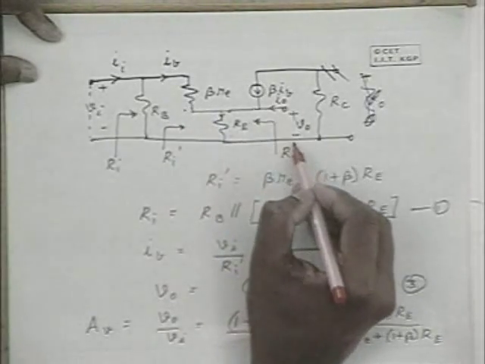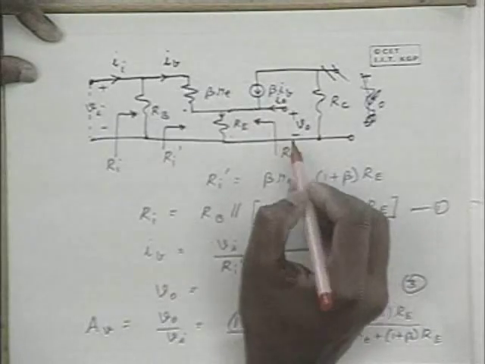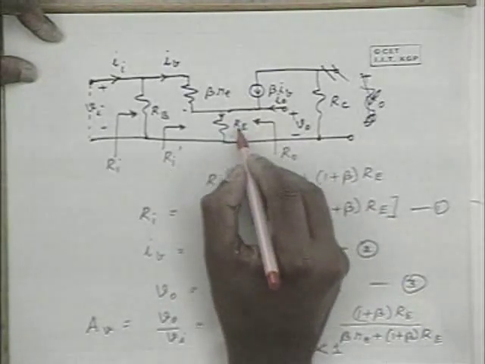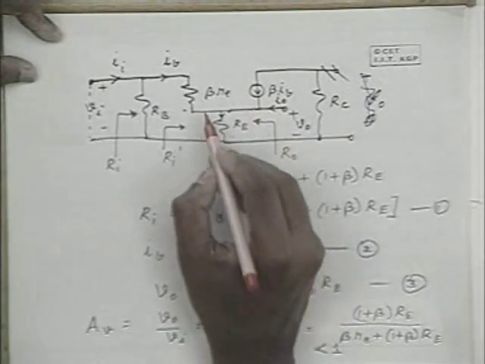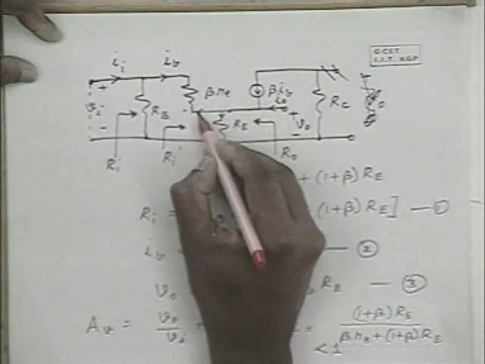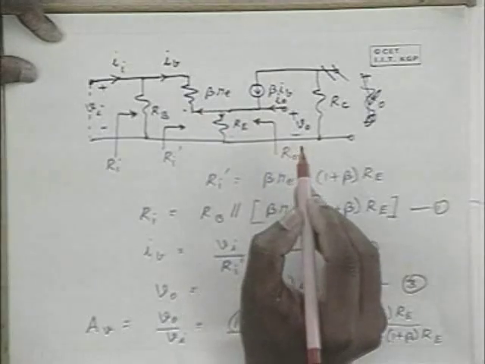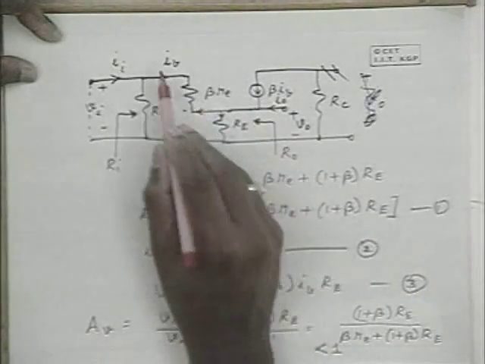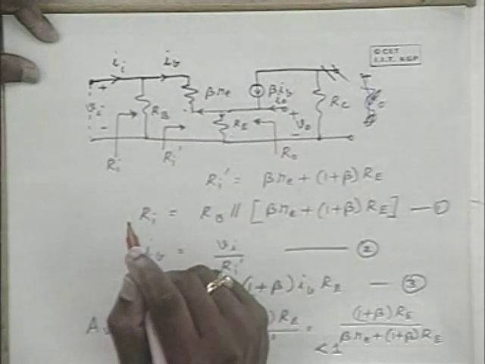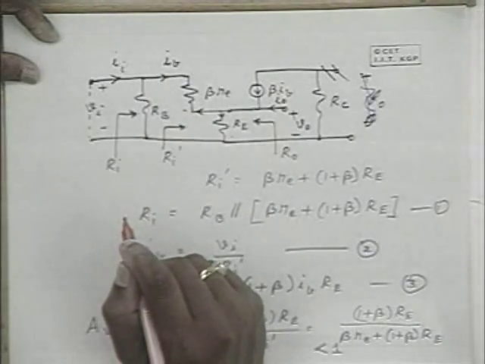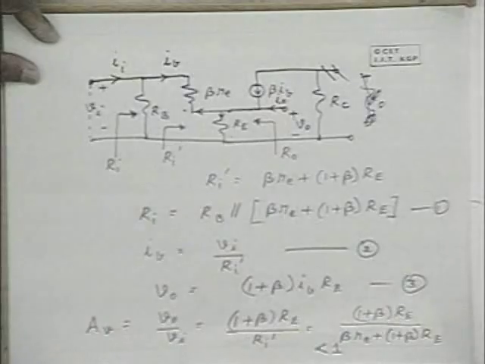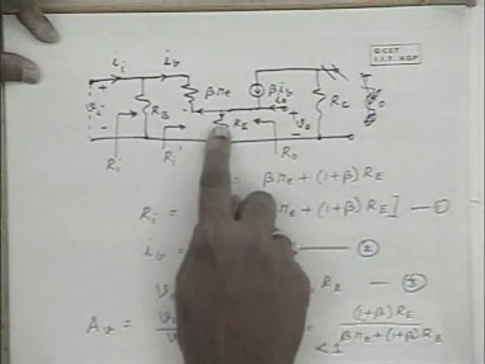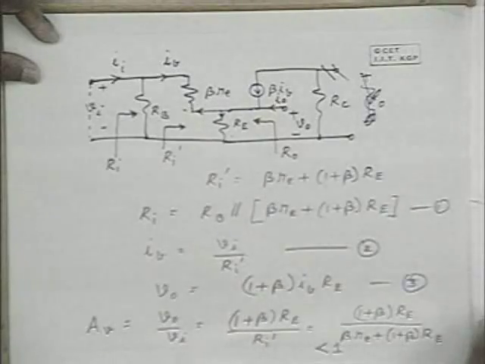Therefore, if V0 is the voltage, the current that flows into RE is V0 by R capital E, and the current that flows into this beta RE is V0 by beta RE, and that current is minus IB. Therefore, let us compute these two current components.